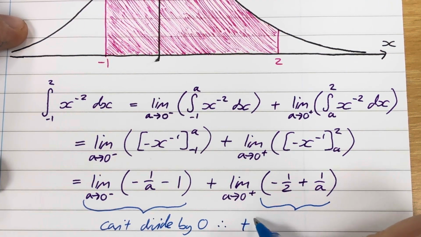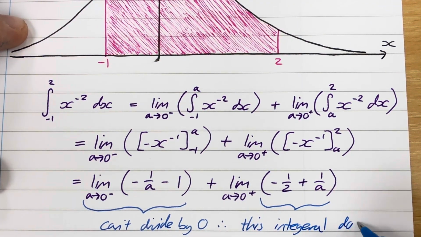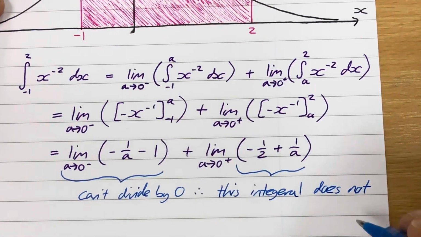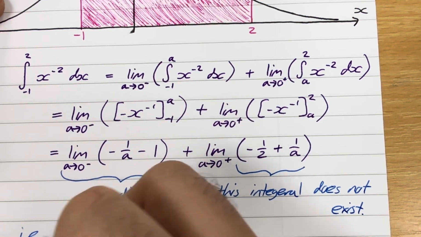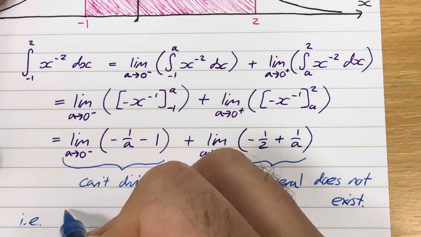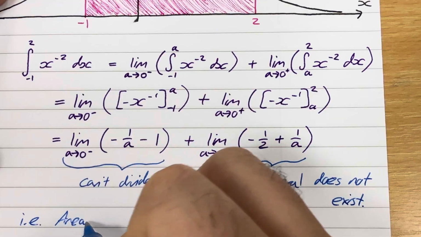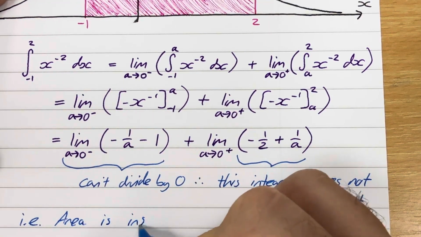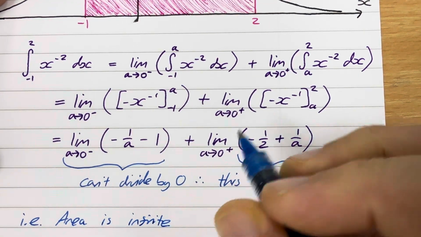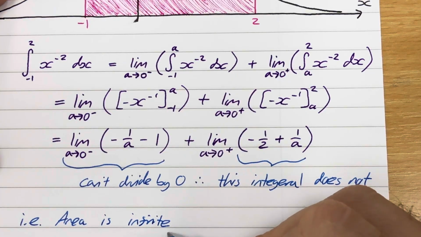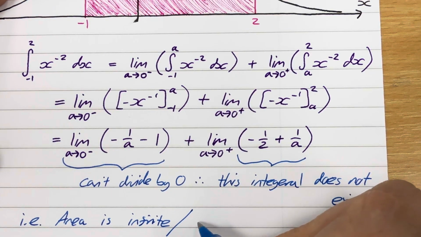Therefore, this integral does not exist, i.e. the area is infinite. Or we could say the integral diverges.